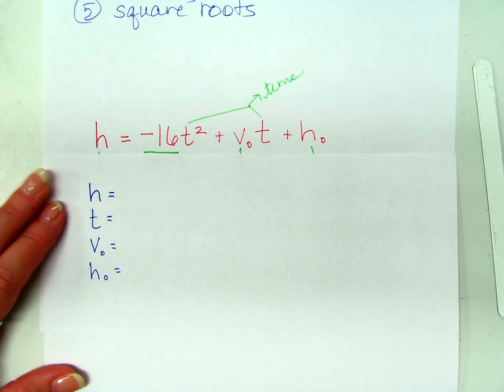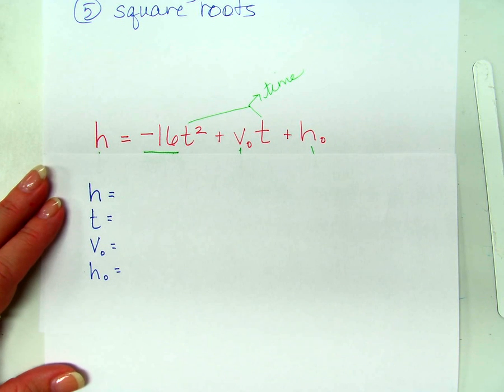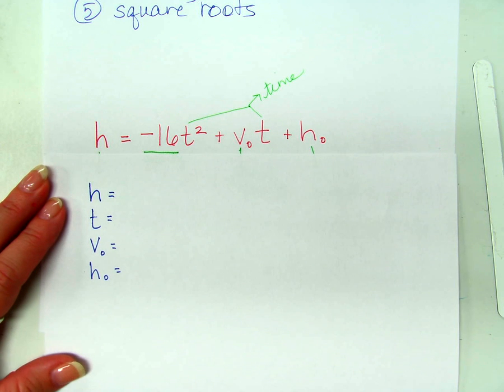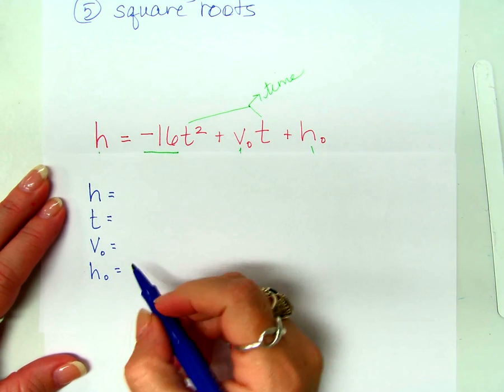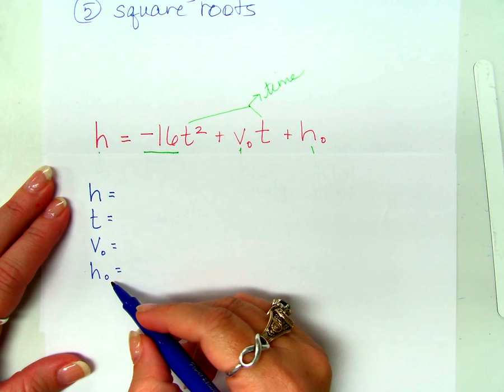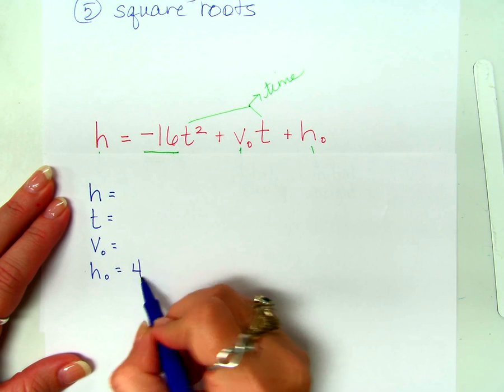So think back to the juggler. What do we know? We know the initial height. How do we know the initial height? Because I told you. How high was the hand of the juggler when the juggler let go of the ball? 4 feet off the ground. So is that H or is that H sub 0? Okay, so 4 feet.